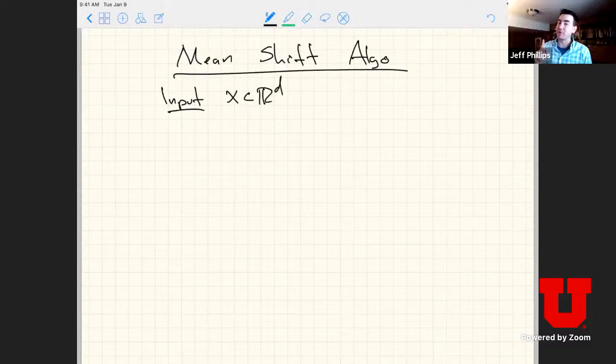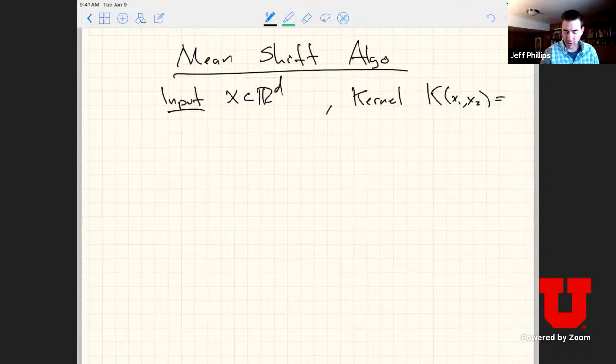It's not going to have a parameter k, and it's not really going to use a distance. You could use a distance, but instead it's going to have a kernel. We're going to use the Gaussian kernel, and we're not going to have to worry about normalizing this, so let me write it without the normalization.